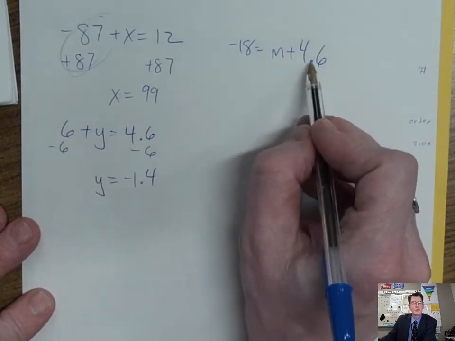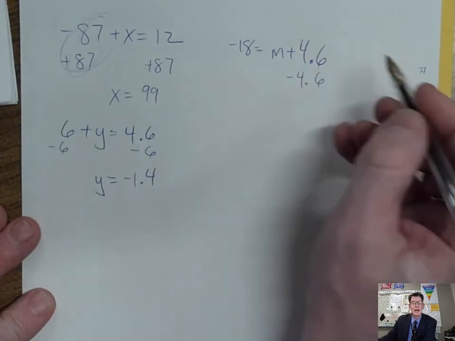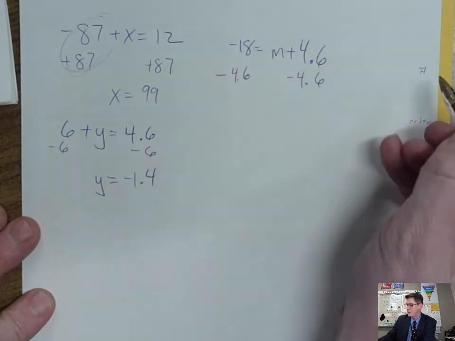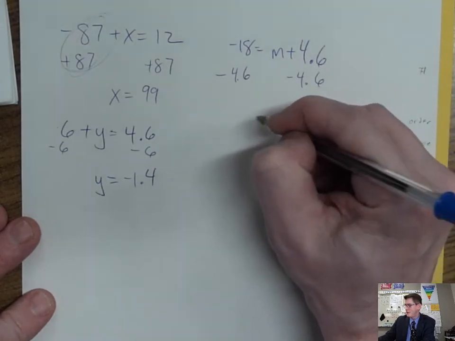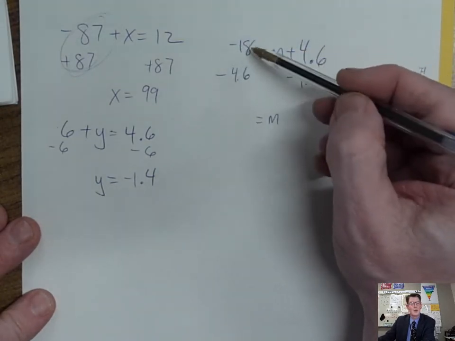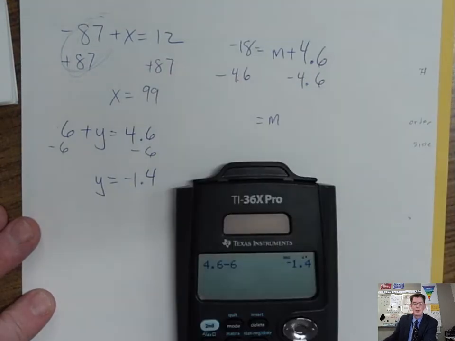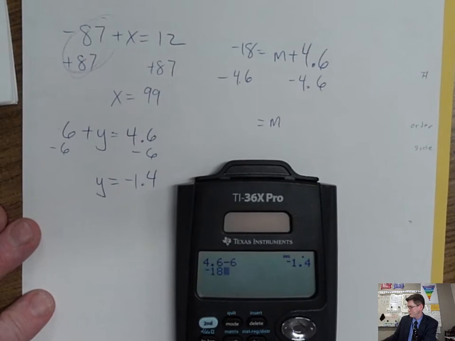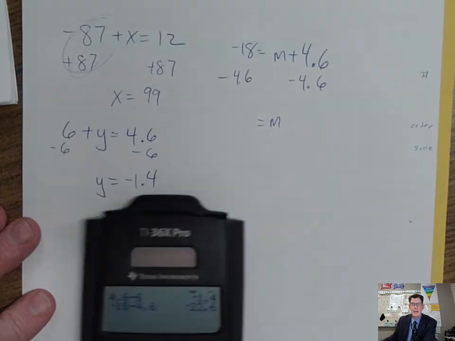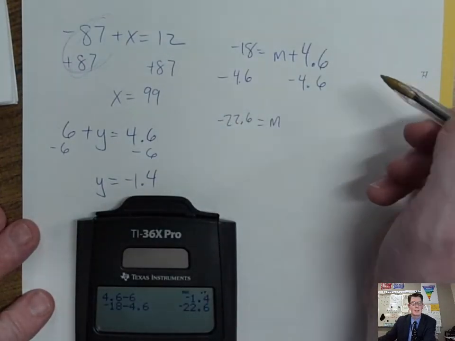Well, this 4.6 is added on, so we're going to subtract off the 4.6 from both sides. And again, this goes to 0. All that's left is m equals. Now what's this? You always start with the number that was there and do this operation. So negative 18 minus 4.6. And the calculator gives us negative 22.6.